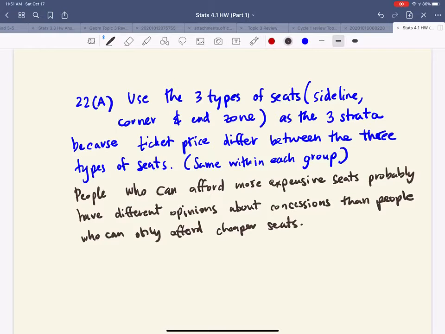All right, so if they're asking us, explain your choice of strata, I did. I decided to do the 3 types of seats. And then tell me why.